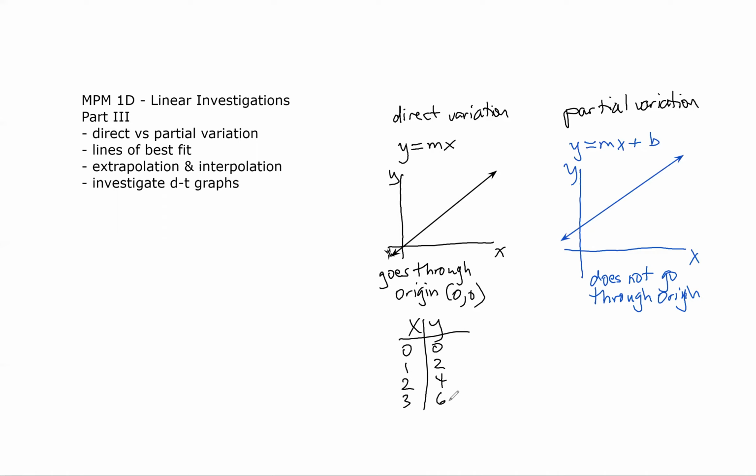Whereas partial variation would be something like this: maybe 0, 7, then 2, go down to 6, go to 5, go down to 4. The key thing here is that it does not go to the origin, and notice the initial value is not 0.